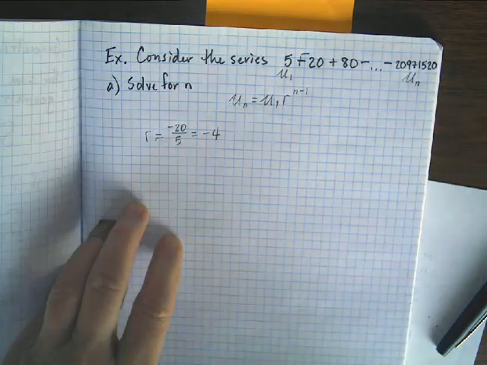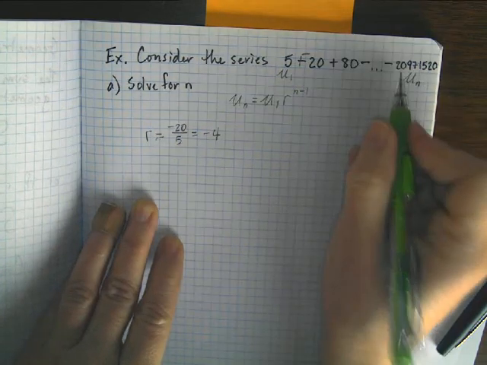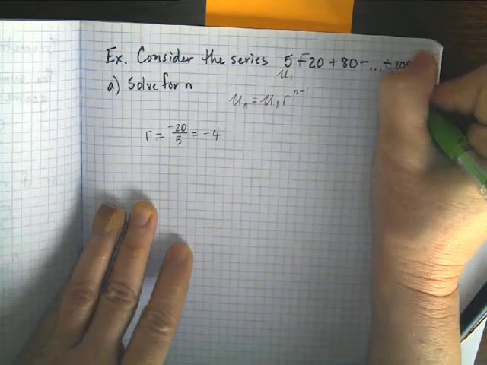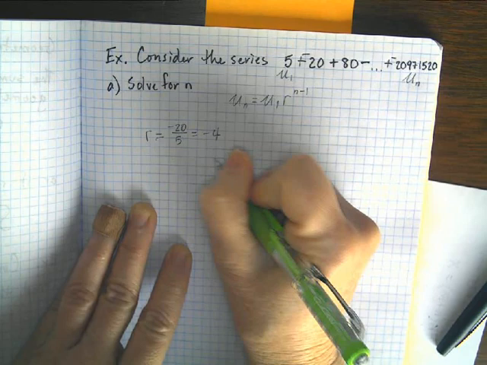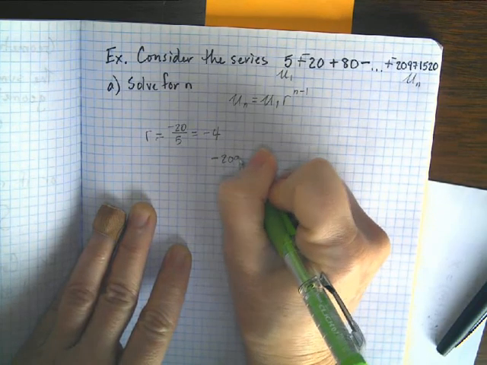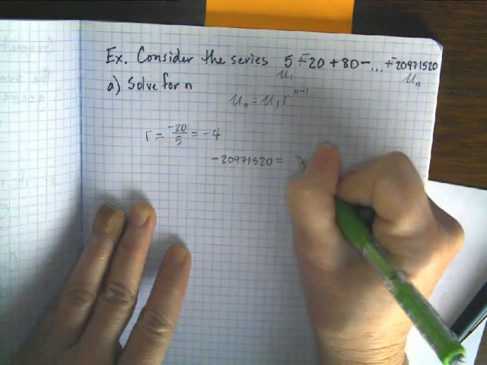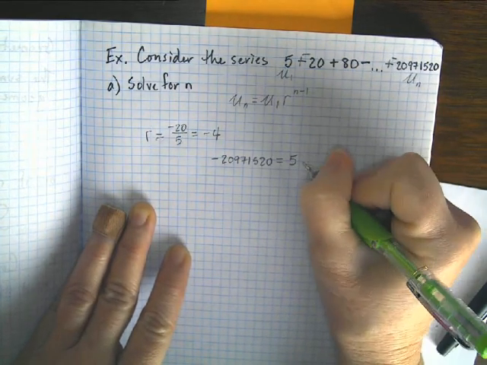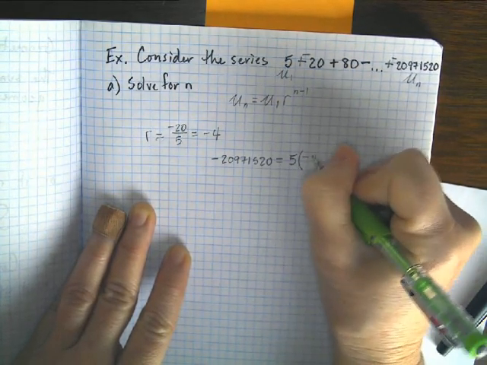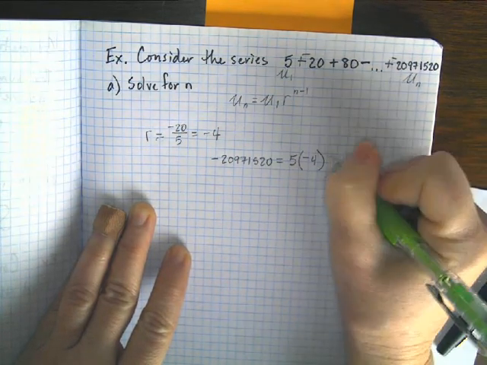Okay, so u sub n is this one here. And again, if I rewrite it as a sum, that's a negative. So negative 20971520 is equal to 5 times negative 4 to the n minus 1.